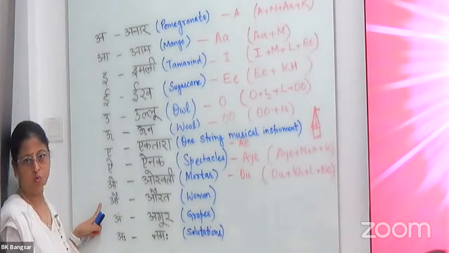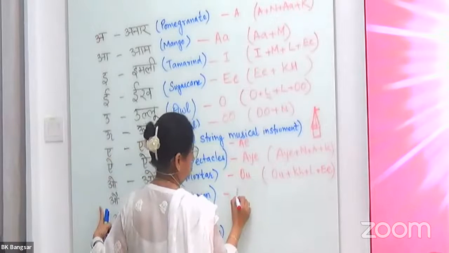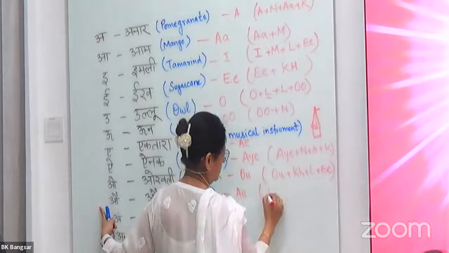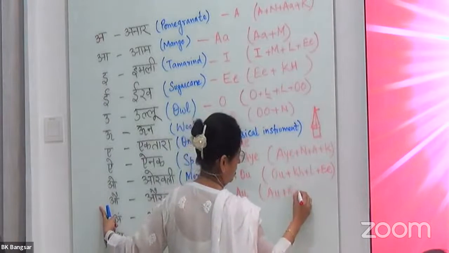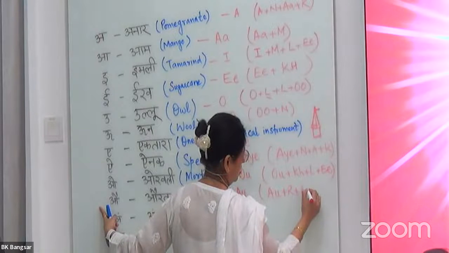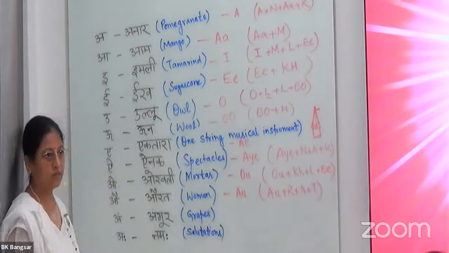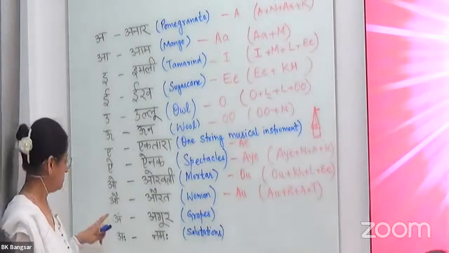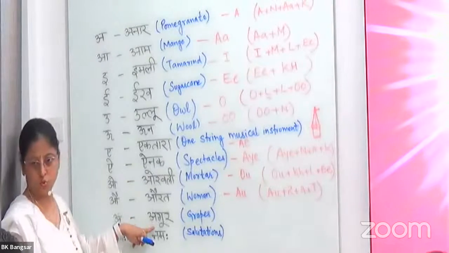Then ow. Ow is aurat, a woman. Ow. Rat. A lady or a woman. Aurat. Ang. Angur.